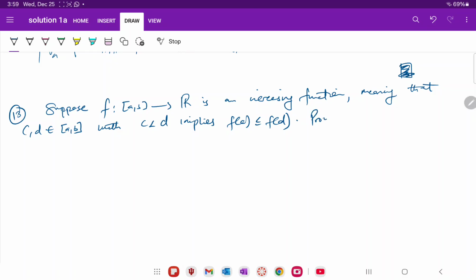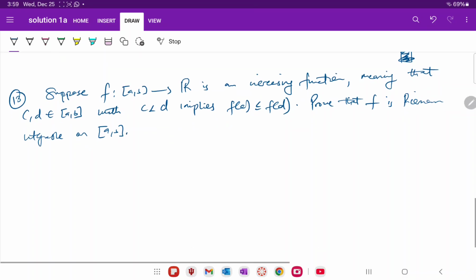So you have to prove that f is Riemann integrable on a, b. So then let's start our proof.